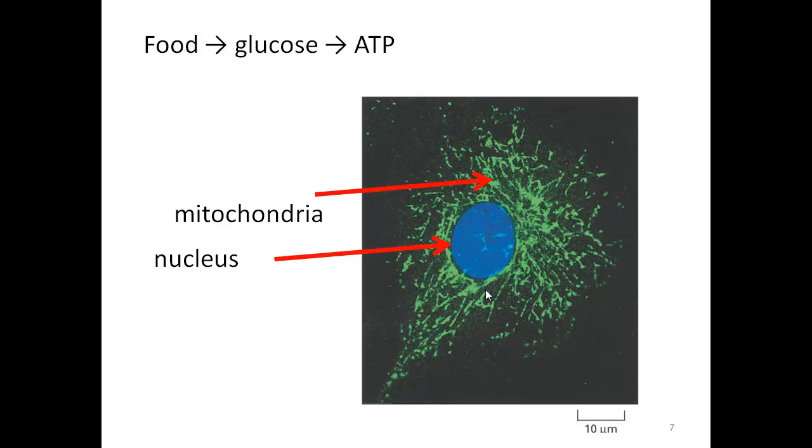We have one nucleus in a cell, but we have hundreds to a few thousands of mitochondria. Being the power plant of the cell, this is where ATP is produced. We have glucose breakdown products entering the mitochondria and being utilized to generate a high-energy molecule, ATP, which then can be used to power many energetically costly syntheses or functions elsewhere in the cell.